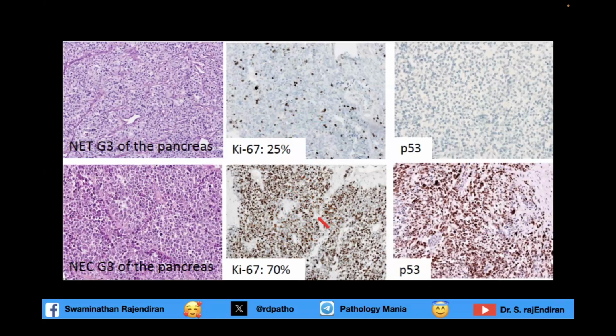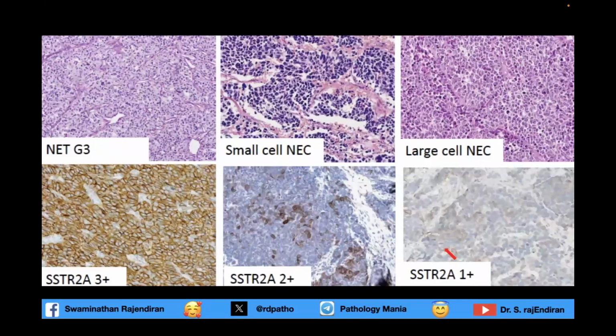Okay, very highly mitotically active. TP53 is abnormal in neuroendocrine carcinoma. And this picture shows neuroendocrine tumor grade 3 that is positive for SSTR2A, 3 plus positivity. Whereas the SSTR2A positivity becomes less in neuroendocrine carcinoma. That you have to remember.